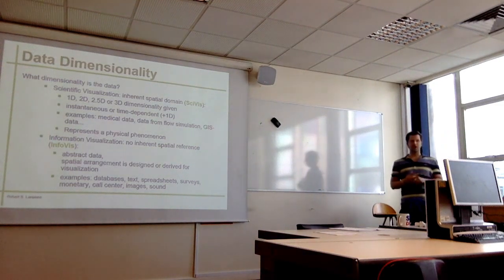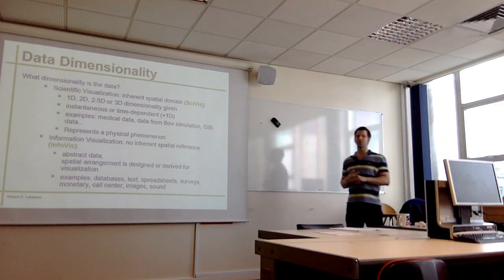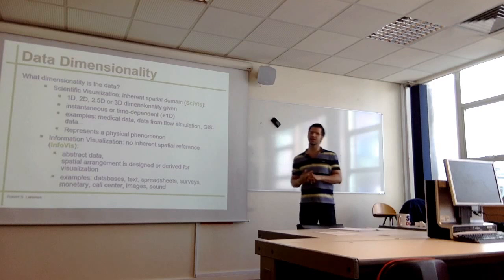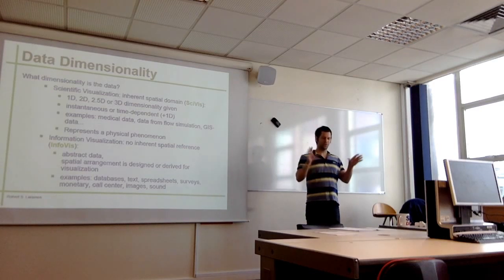If you think of a spreadsheet, and we're going to look at spreadsheet data in the lab. Maybe you're shopping for a car, and you have a spreadsheet that describes a bunch of cars.